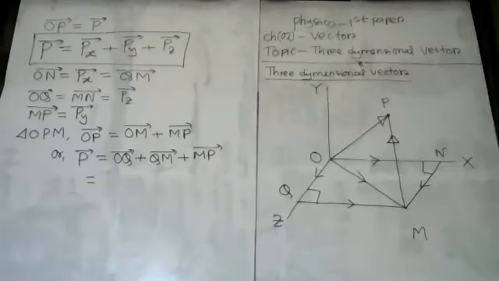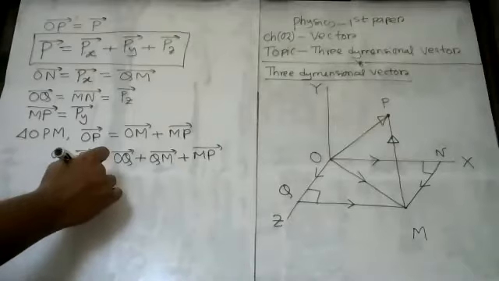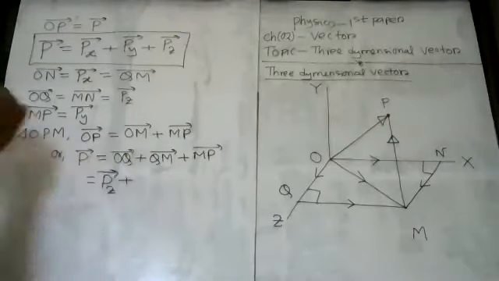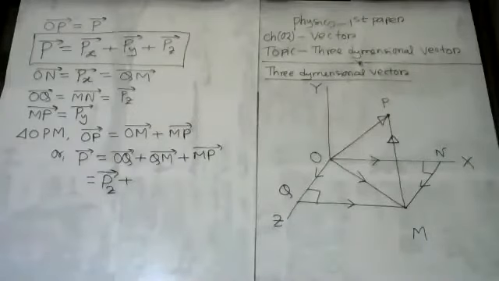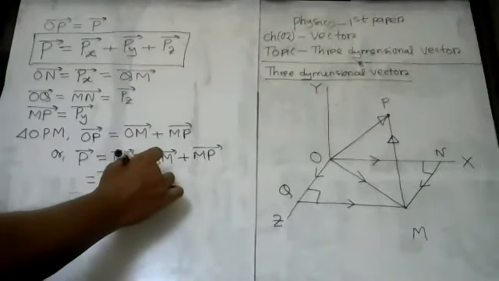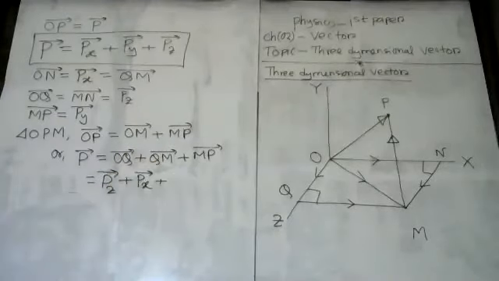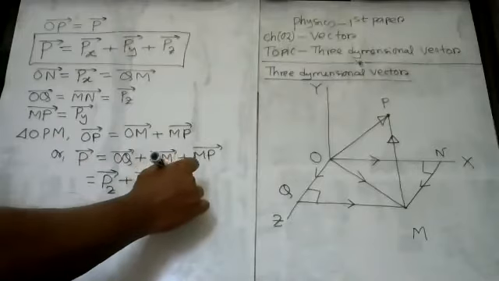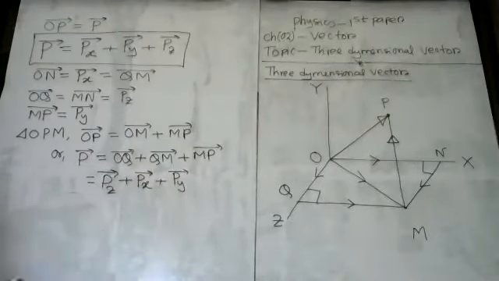Now, OQ is nothing but the Z component of the vector. QM, my dear student, is nothing but the X component of the vector. And the last one, MP, is nothing but the Y component of the vector.